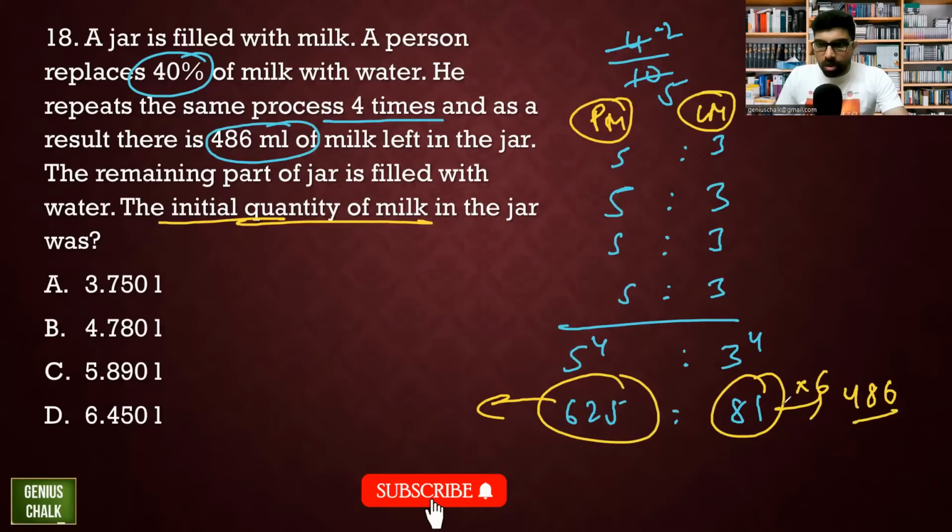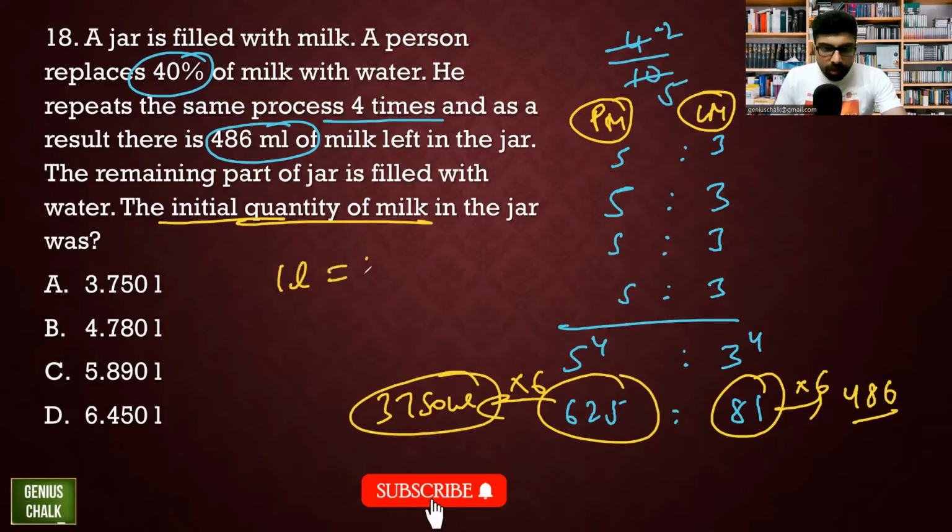Left milk is this, which is 6 multiple, so this will also be 6 multiple. So 36, something little more than 36, so this will be 3750 milliliter, and you know that 1 liter has 1000 ml. So answer has to be, divide this by 1000, 3.750.